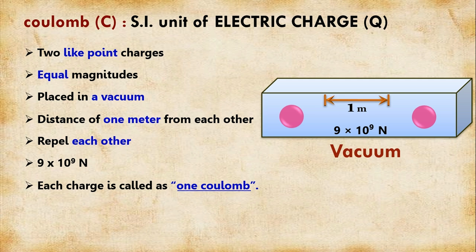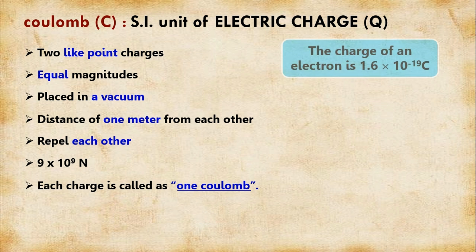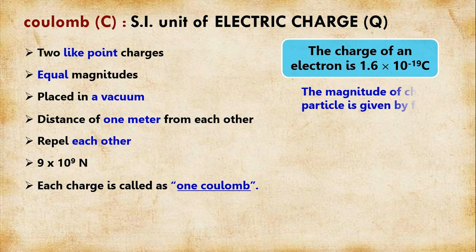So each charge we call 1 coulomb. The charge of one electron is 1.6 into 10 power minus 19 coulombs. The magnitude of charge on a particle is given by the formula Q is equal to N into E, where N is equal to Q by E. Q is the charge and N is the number of electrons.